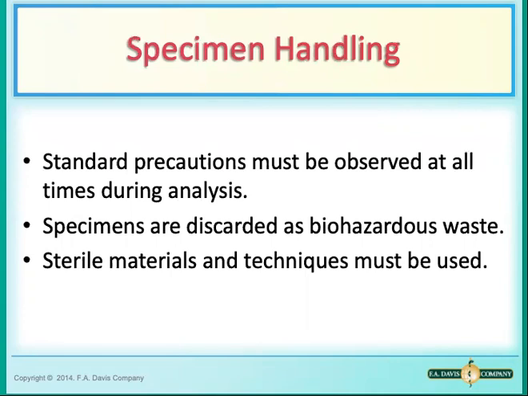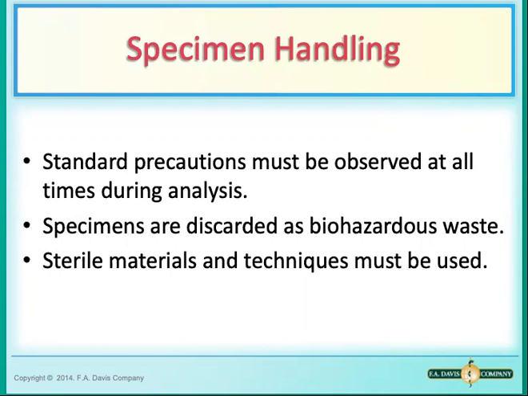Okay, so all semen specimens are potential reservoirs for HIV, for herpes viruses, and for hepatitis viruses. So standard precautions must be observed at all times during the analysis and obviously when you receive the specimen.